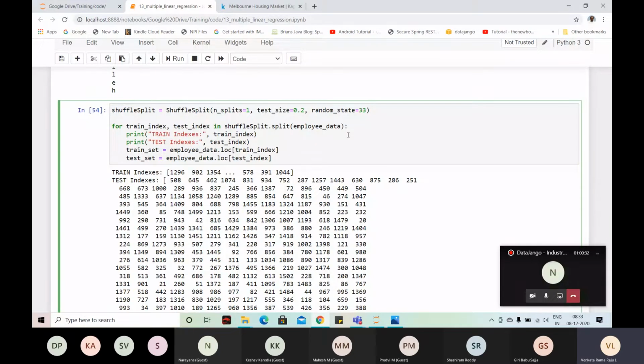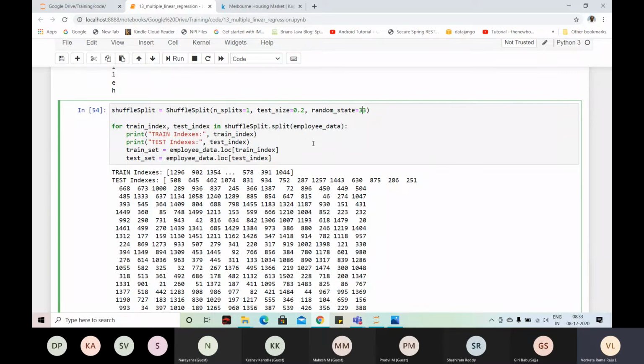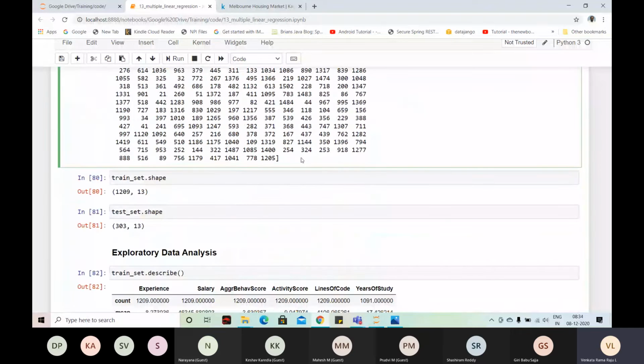The random state, any number you can take and split it, but you need to fix that random state to one number. You shouldn't be changing it quite often. If you change it, the results will change if the data set size is small. If the data set size is big, it will not change, because sampling will happen appropriately. When the data set size is big and you chose the data set very consciously, then the split will happen properly and the model will work well.